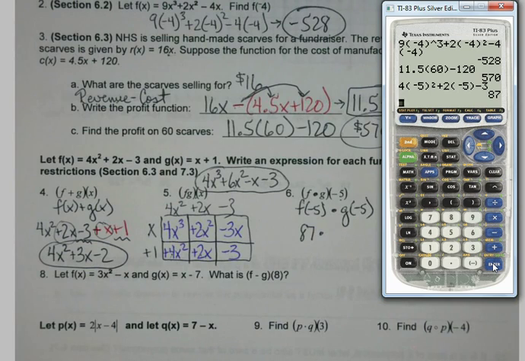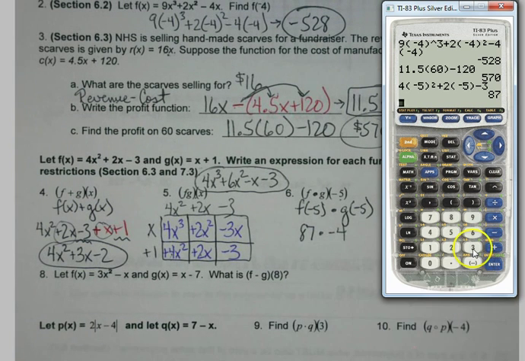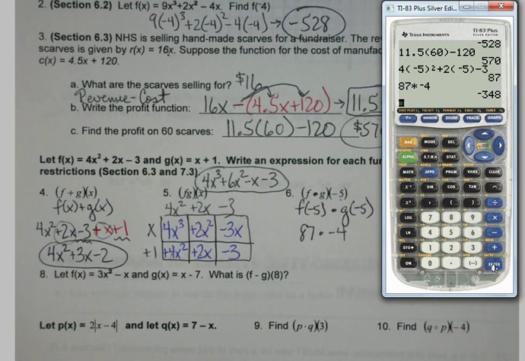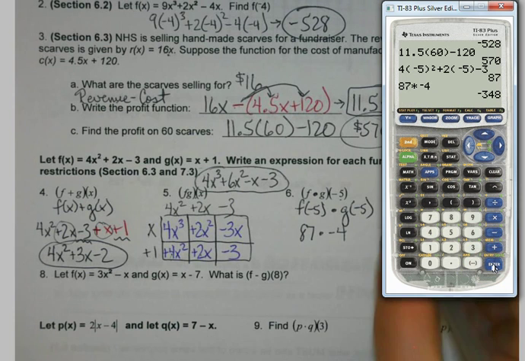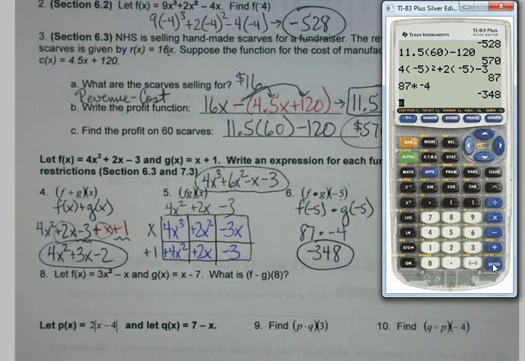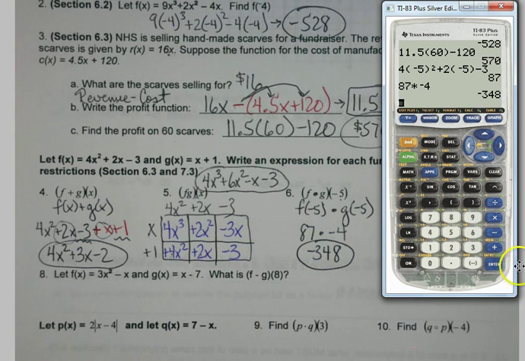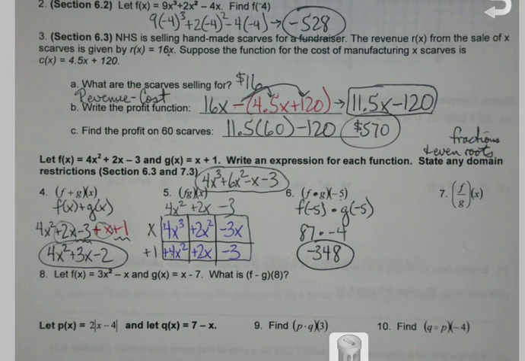And then here I'd have negative 5 plus 1, which would be negative 4. See how we're doing over there, and we got the same thing. I would get the same thing if I just plugged in negative 5 to each of those. It would work out. So it's kind of your own pick, whichever you're more comfortable with.